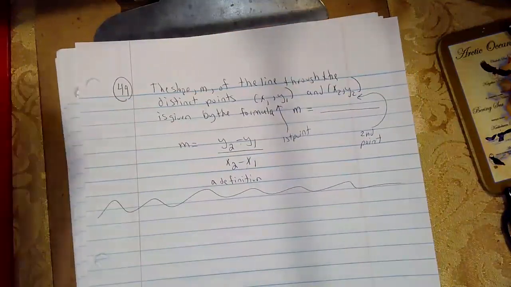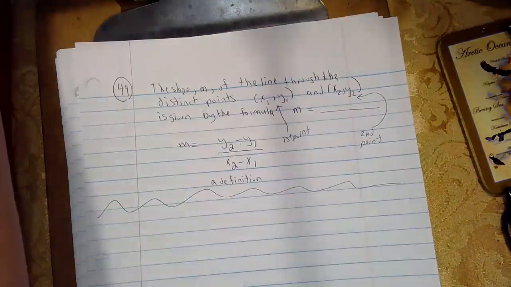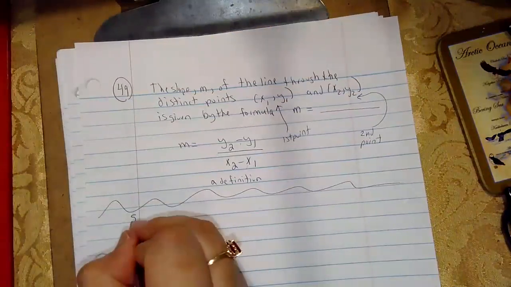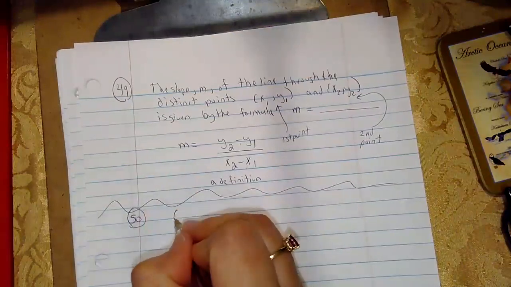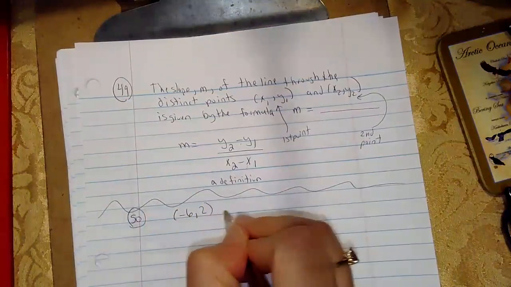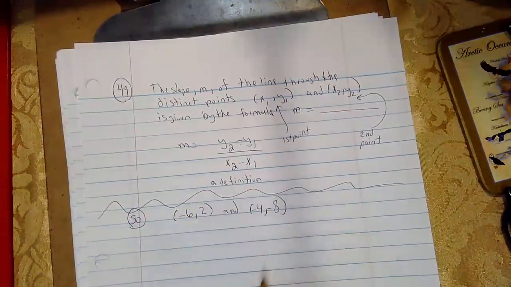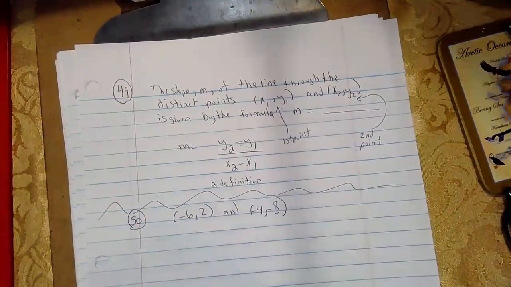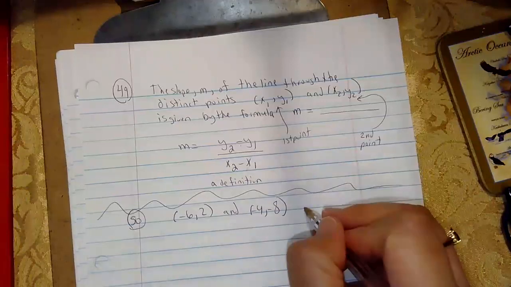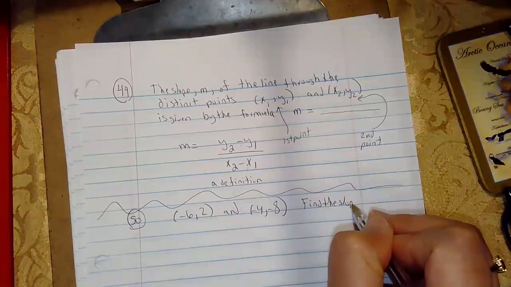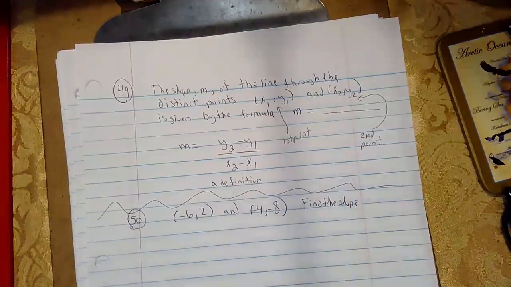All right, so now let's look at 50. You have these 2 points, and this is what my computer randomly generated for me. Got these 2 points, and they want us to find the slope of the line that passes through the pair of points.